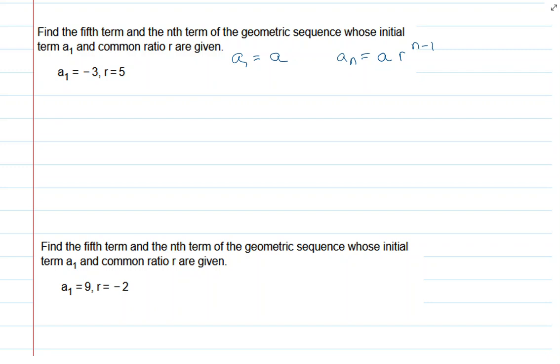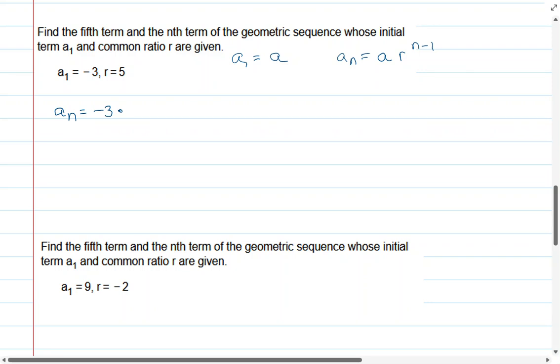All right. So in this case, they want to find the fifth term. But what I do always is figure out what the argument is. So I'm going to do the generic A sub N is equal to my -3 times, and you're going to have to put a times in between, or parentheses, but times is much easier to input. And we're going to put our 5 to the N minus 1.